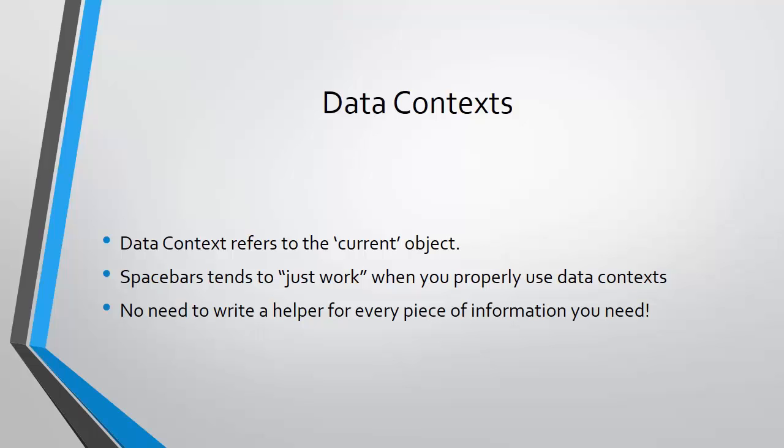You can just take an object, tell Spacebars that you want to work with that as a context, and then you can just start tossing properties of that object right into your code without having to write helpers and stuff like that. It's really, really simple, and it makes things faster.